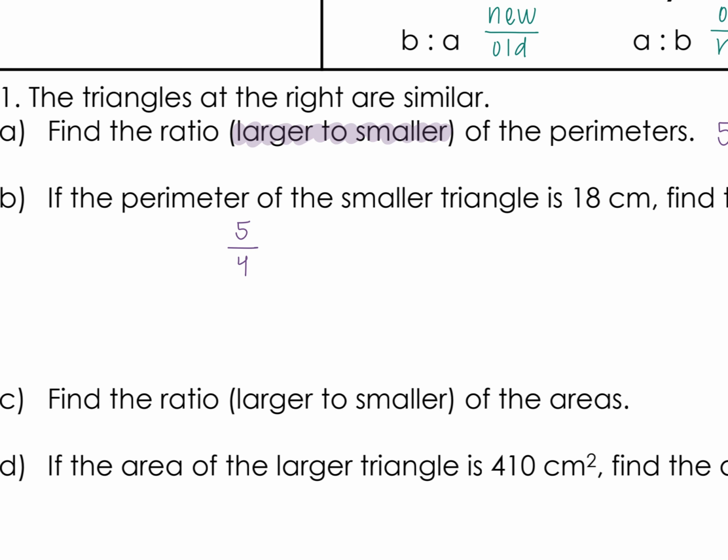So I'm going to use that perimeter ratio I found earlier, and I'm going to set it equal to the perimeters that we are either trying to find or are given. So here the smaller one is 18 centimeters. Well, since it is the smaller one, I need to have it level with the smaller number from my ratio. So that was the 4, which I put in the denominator. So I'm going to put the 18 in the denominator.